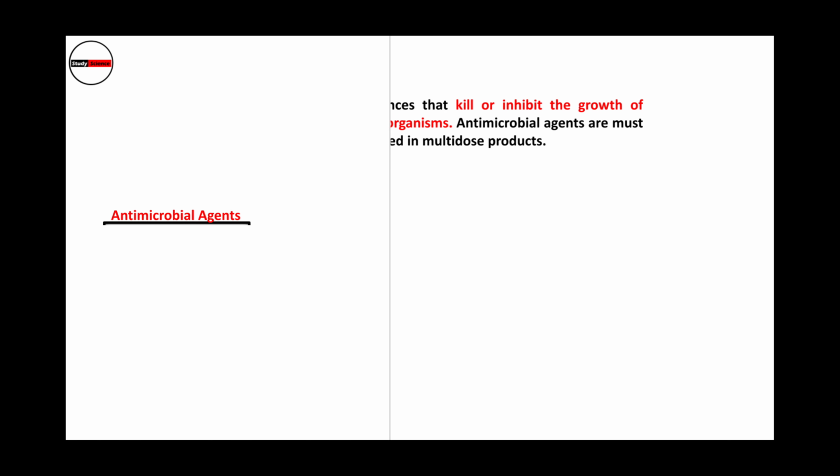The first one is antimicrobial agents. Antimicrobial agents are the substances that kill or inhibit the growth of microorganisms. Antimicrobial agents must be added in multiple dose products. As the multiple dose products are used multiple times, it is mandatory to add the antimicrobial agents to prevent the growth of microorganisms.